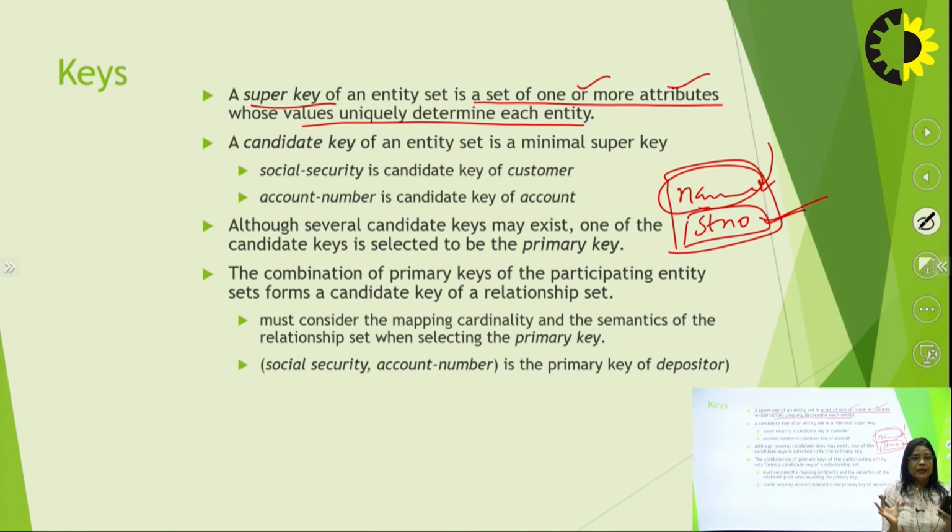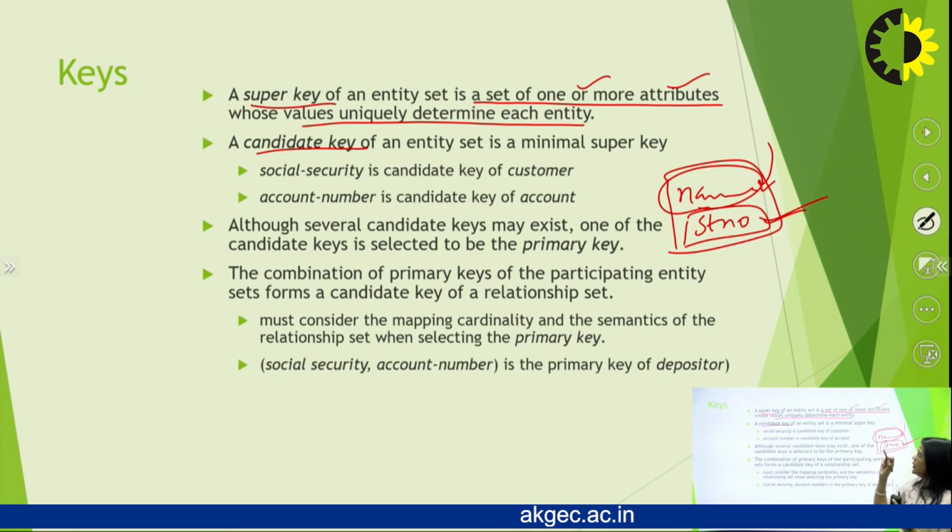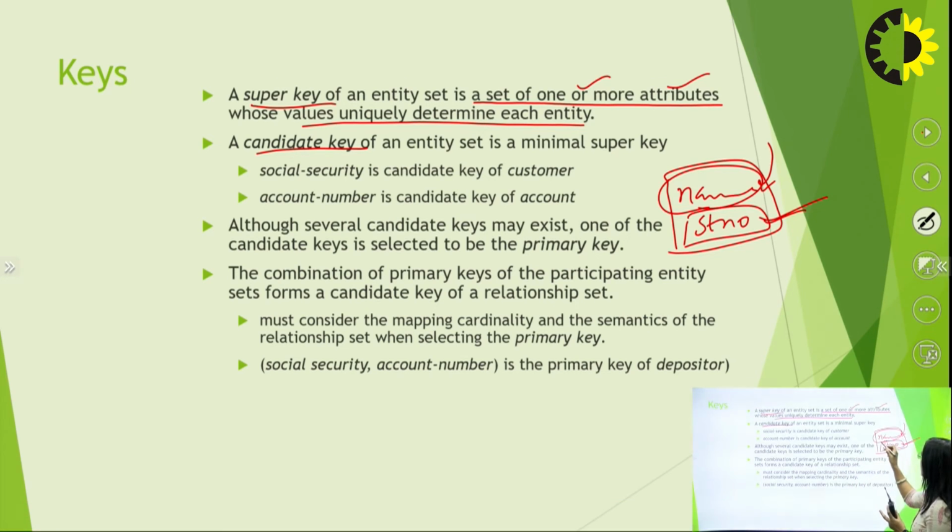So a super key is a combination of attributes which can uniquely determine each entity, possibly with some extraneous elements. Now the candidate key of an entity set is the minimal super key. It means if we remove the extraneous element from a super key, it becomes a candidate key.